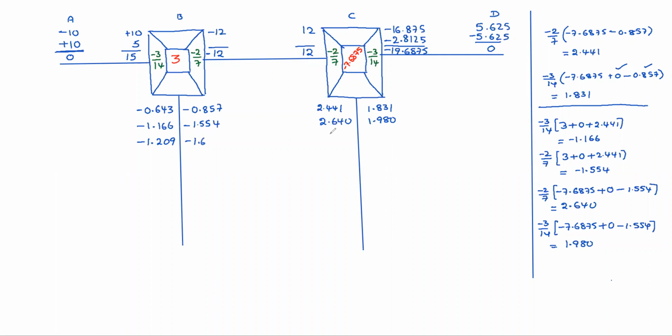Next, if we come to support C, rotation factor is minus 2/7 into bracket open fixed moment sum minus 7.6875 plus from D support 0 contribution, but from B support minus 1.611.